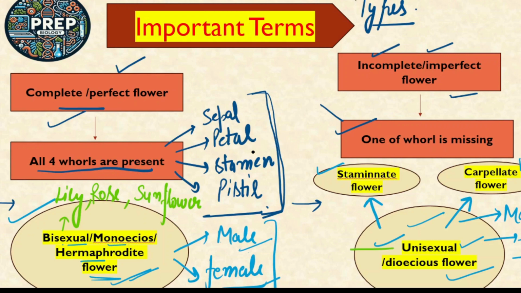For unisexual or dioecious flowers, we have examples like papaya, watermelon, etc. These examples and these terms are very, very important.